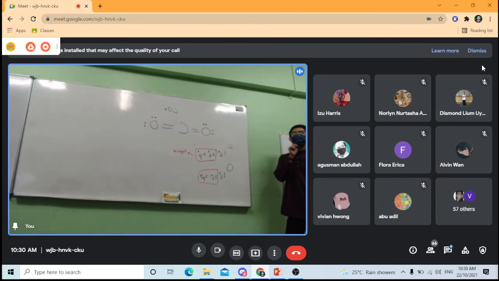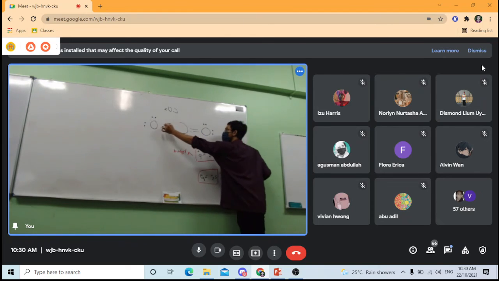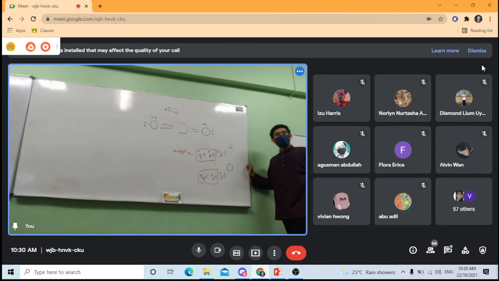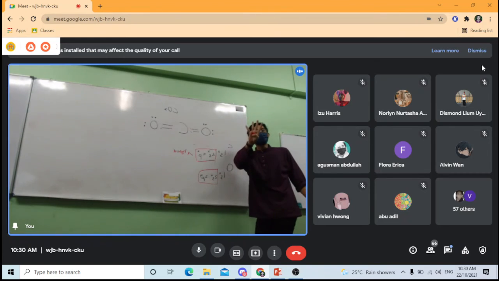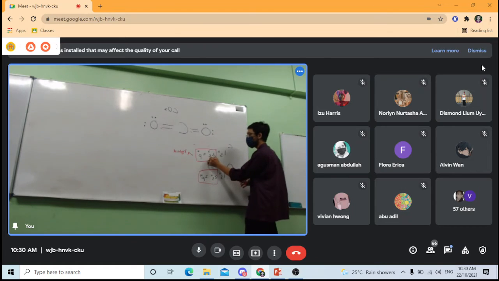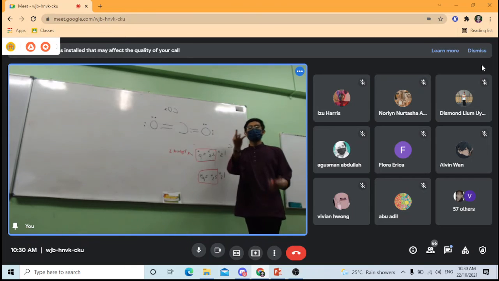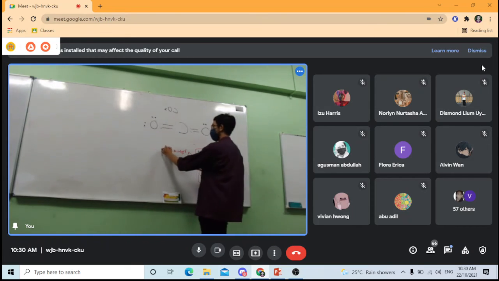Kita bilang berapa banyak yang dia ada connection. So carbon ada 1, 2, 3, and 4. So 4, it means dia perlukan 4 orbital. So mana orbital dia cari? Ya, kita boleh ambil satu S orbital. And then diperlukan lagi 3 orbital. Those 3 orbital datang dari P.